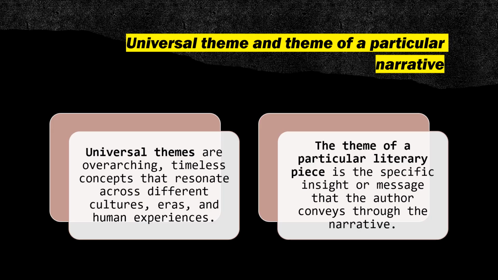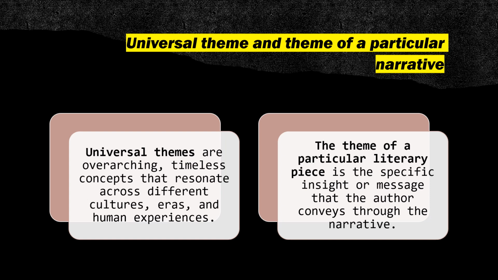It is important to distinguish between universal themes and the theme of a particular literary piece. Let's start with universal themes. Universal themes are overarching, timeless concepts that resonate across different cultures, eras, and human experiences. These themes explore fundamental aspects of the human condition and are not confined to any specific work of literature.